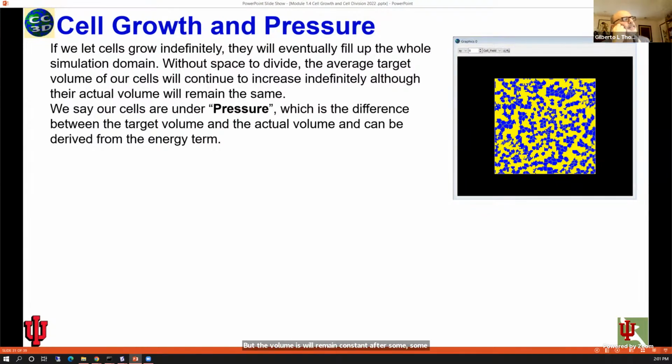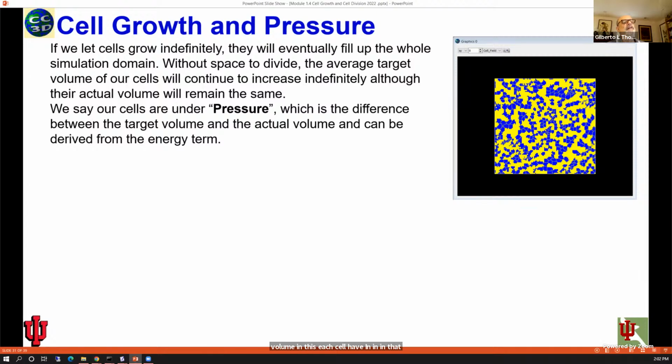In this situation, we say that our cells are under pressure, because this pressure is measured as the difference between the target volume that has increased according to some rules and the actual volume that each cell has in that instant.